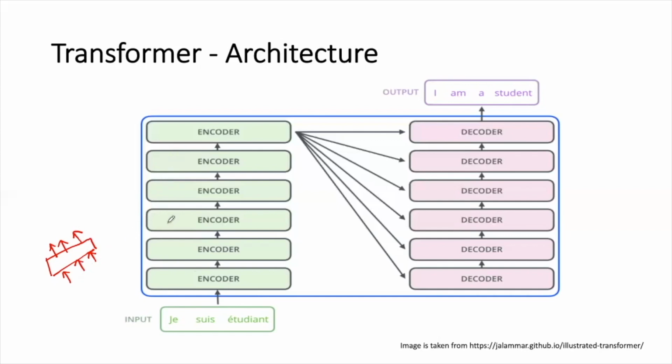If we pass through this stack of encoders, finally for each input word we will have an encoded representation. Once we generate those, we pass all of these representations, in this case three vectors, to each of the decoder layers. That's the data flow that is seen, and the decoder generates the output translation.